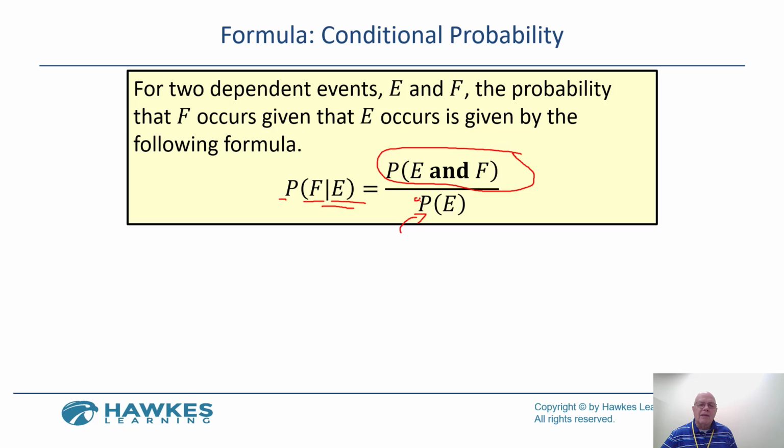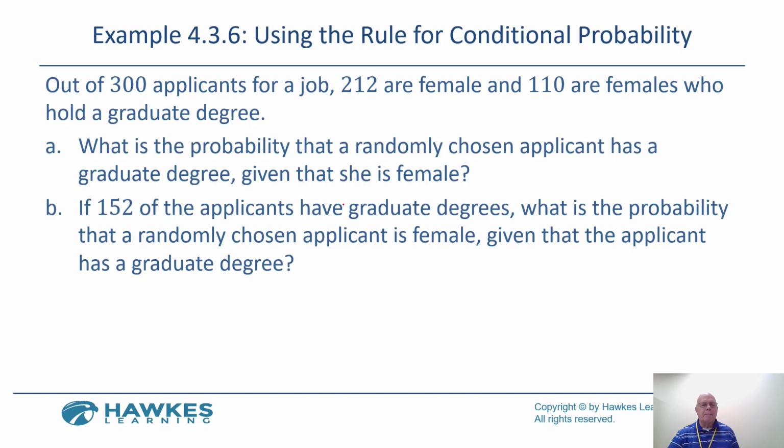Notice that this probability here and this second letter here are the same. Those are going to be the same. And up on the top of your fraction, it's going to be the probability of E and F happening. So E and F definitely on the top. This one down here is the one that's already happened, which is the second one in this statement.